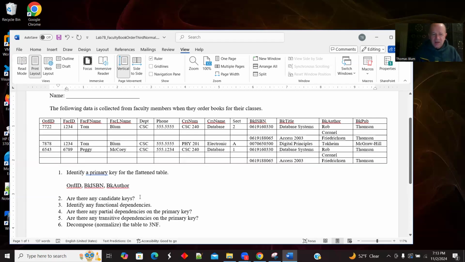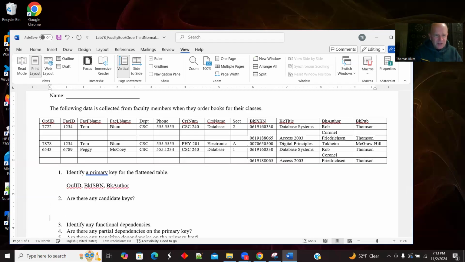Okay. So the next question here is, are there any candidate keys? Now, I find sometimes my students are either adding a field or taking away a field, and let's just say that makes no sense. If that number one is truly the primary key, then to add a field doesn't make sense because the key is minimal.